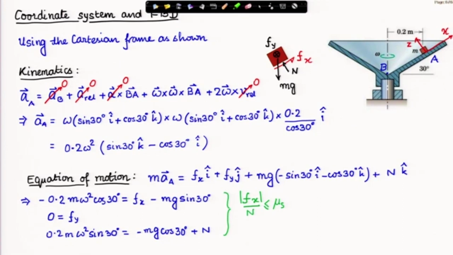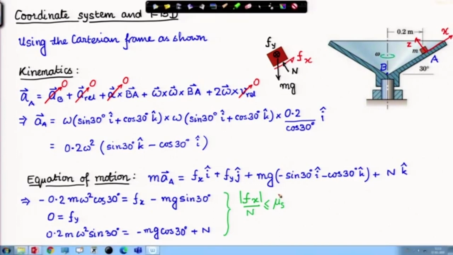Now, in this case it so happens that Fy is 0, otherwise the magnitude of the net friction force would have been Fx square plus Fy square under root. Because Fy is 0 as it turns out, therefore, it is only the magnitude of Fx.